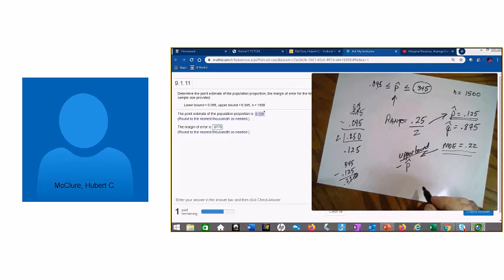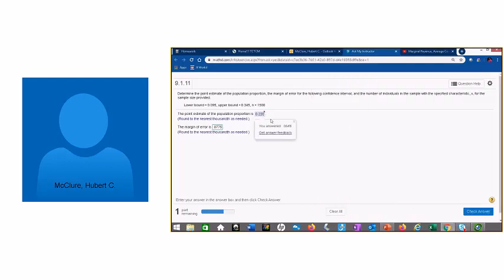And that's equal to the margin of error. I didn't show you this because this is just real easy stuff. So the point estimate is 0.22. Well, I got that. No, 0.064. No, 0.22. Okay, I got them backwards. 0.22 is the p hat. And this is your margin of error. Had them backwards.